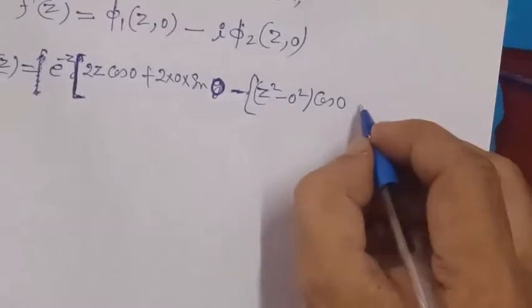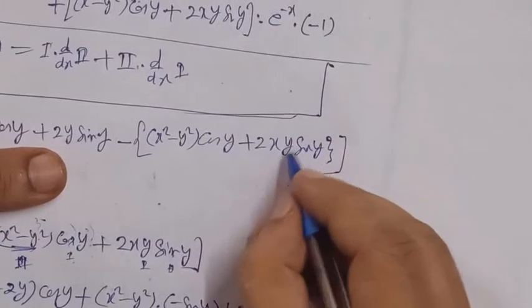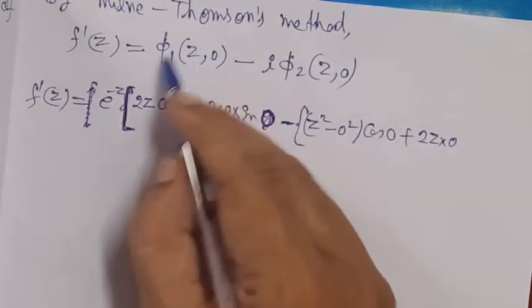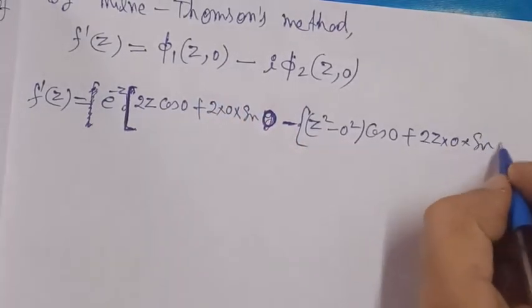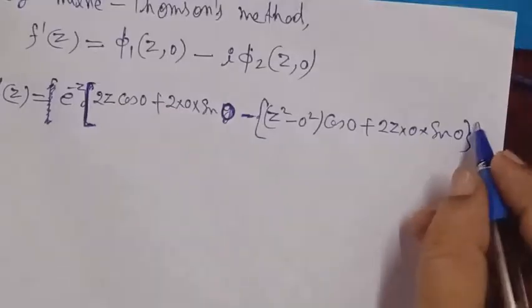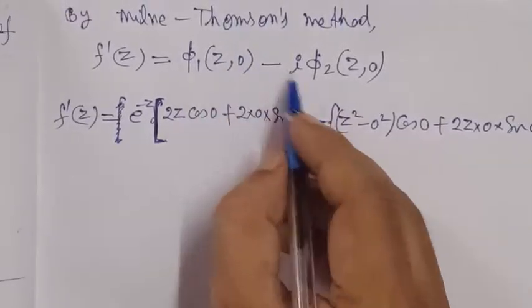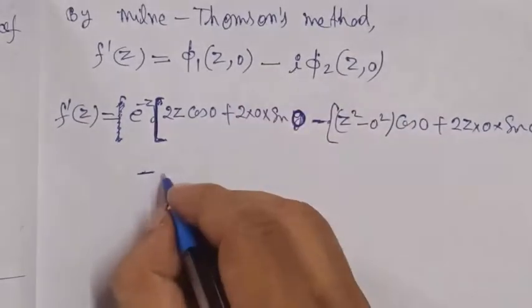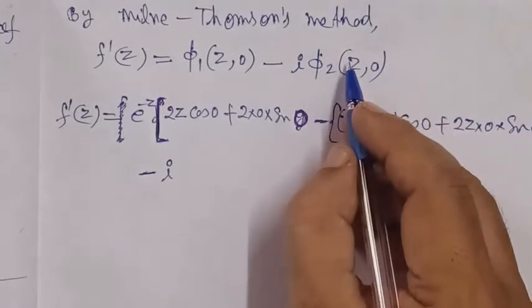Cos 0 plus 2z into 0, I put 0 in place of y and z in place of x according to φ1(z, 0), sin 0, we close the bracket, square bracket, also this bracket. After putting this value, minus, put the sign of minus i, and we have to put this value φ2(z, 0).